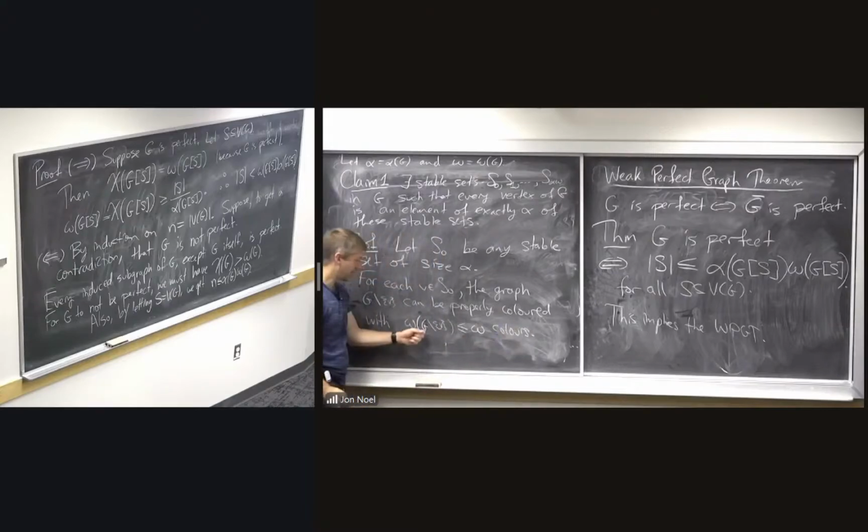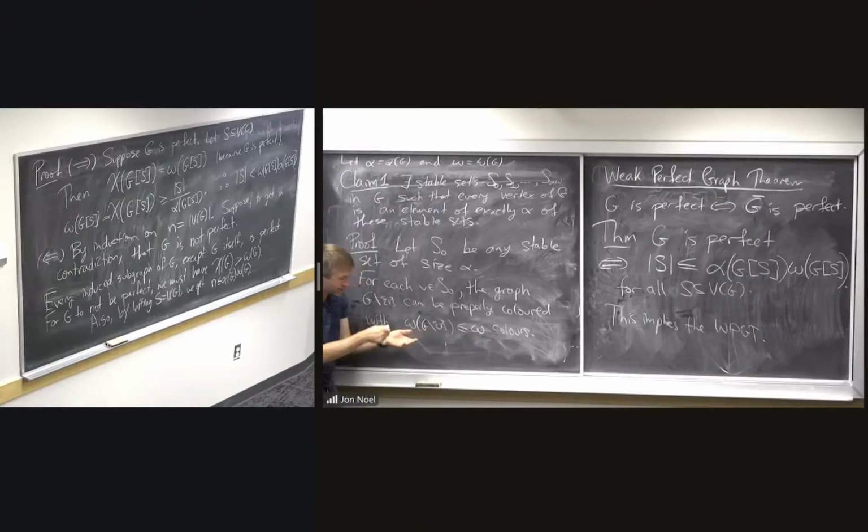Right, if I delete a vertex, the clique number could only go down. And the reason I know that this can be properly colored with this many colors is because I know all the induced subgraphs of G are perfect except for G. Okay. Is that okay?